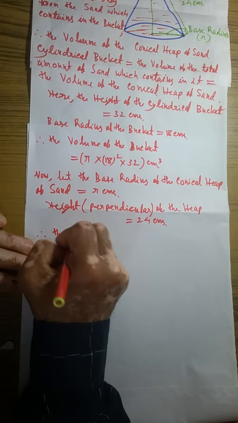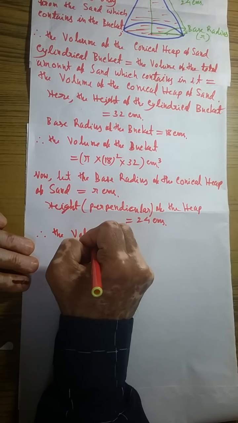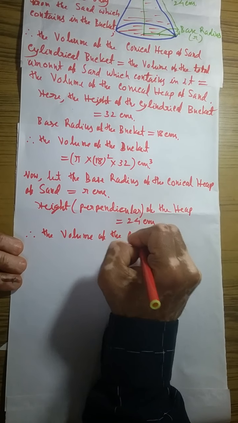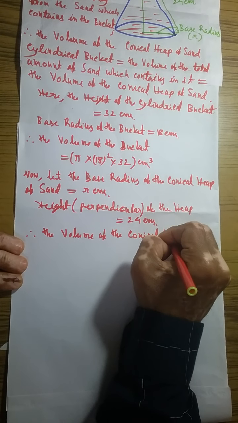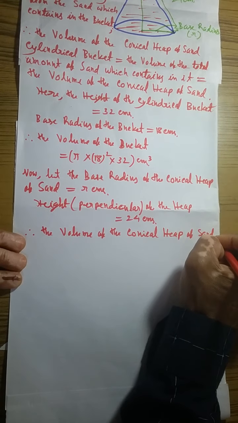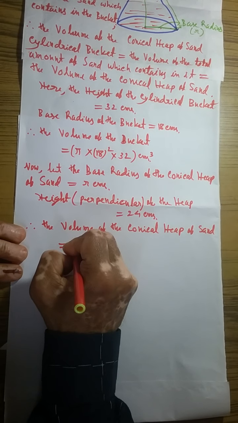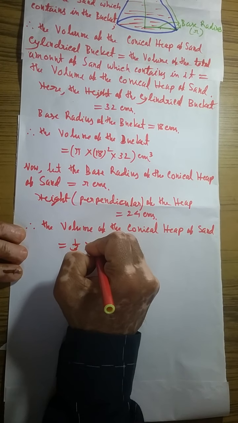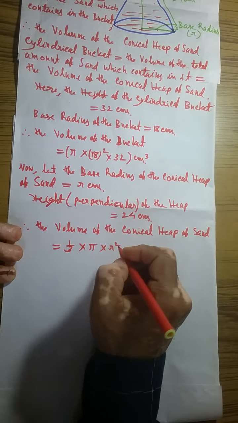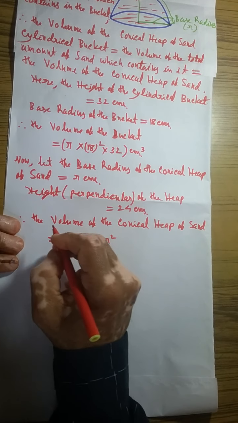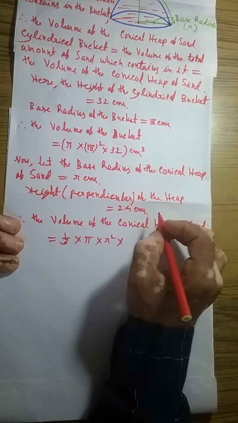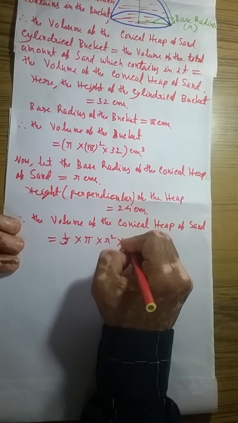Therefore, the volume of the conical heap of sand is equal to 1/3 pi r square h. The perpendicular height of the conical heap of sand is 24 centimeters.